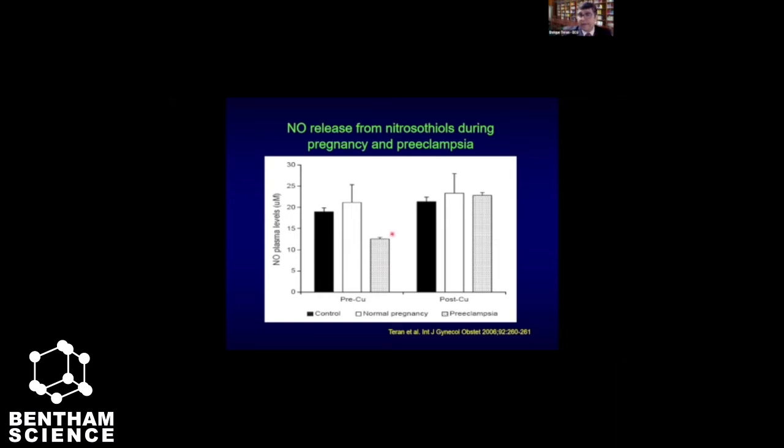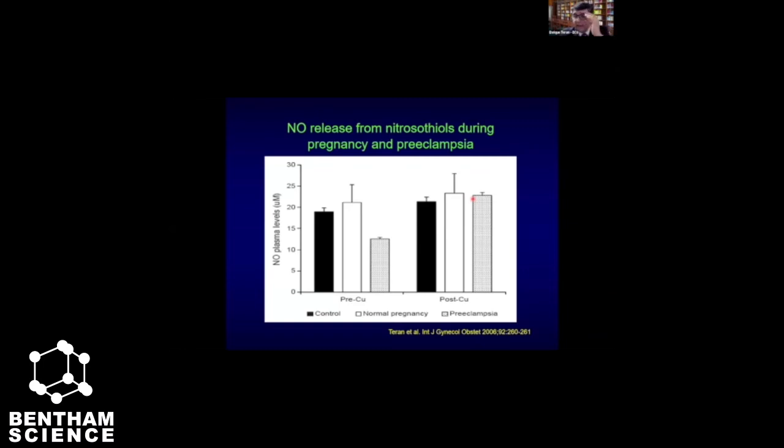However, when we break down artificially using copper, we show that the levels of nitric oxide were almost the same. So we confirmed our theory that during preeclampsia, nitrosophiles are responsible for capturing nitric oxide.